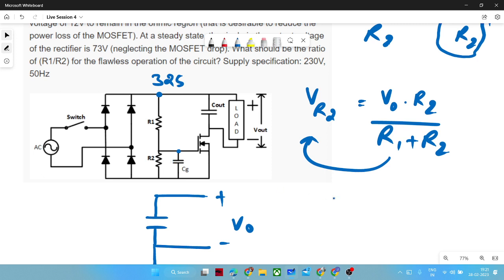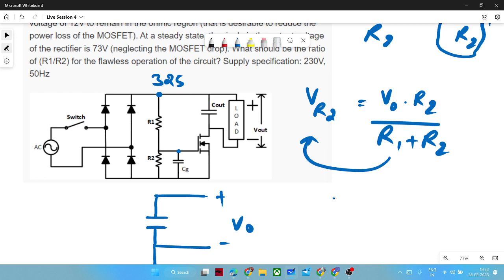There will be some instant where your voltage will be less. So if it is not turning on at a higher value, it is ensured automatically that it will not turn on at a lower value of voltage.